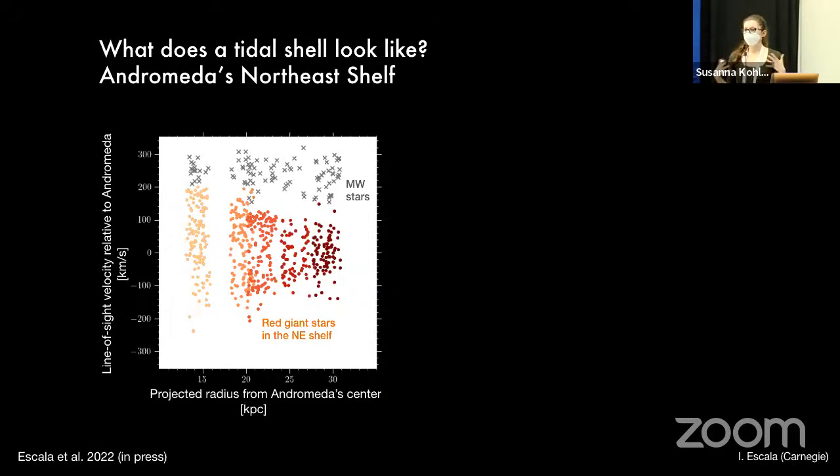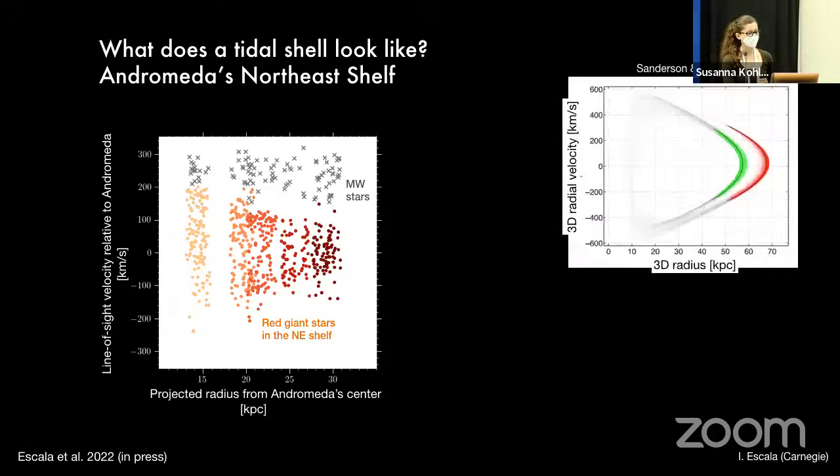So hopefully what stands out to you is this very clear wedge-like feature. This is basically an indisputable signature of a tidal shell. We know this from simulations. This is a highly symmetric event as a consequence of the fact that it comes in on this radial orbit.